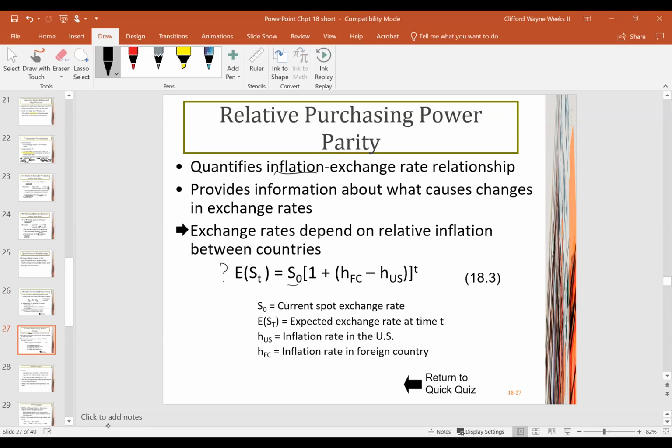We have the US rate of inflation and then whatever the foreign currency's is. So we find the difference between the foreign currency and the US, we add 1 to that, and we multiply that times the spot rate. That gives the expected exchange rate at a given number of periods, so 30 days, 60 days, whatever. That T and that T are the same thing.